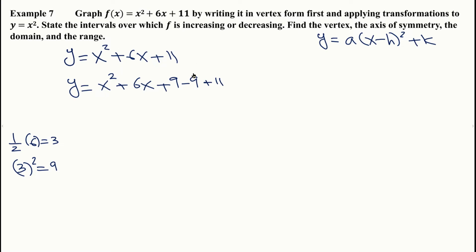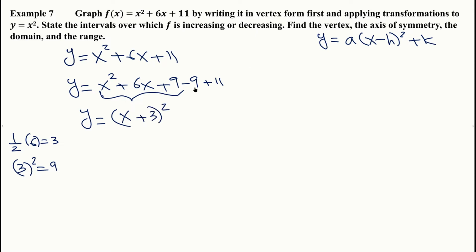So notice x squared plus 6x and x squared plus 6x plus 9 minus 9 are the exact same thing because 9 minus 9 is 0. But they do look different enough to help us find this perfect square trinomial. So that's going to be y equals quantity x plus 3 squared.